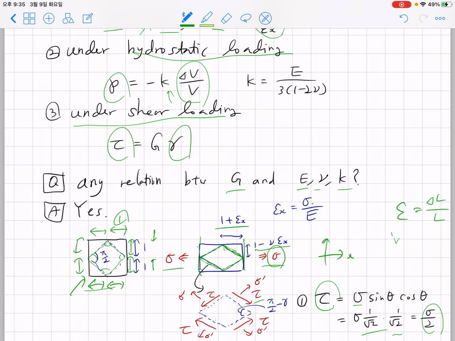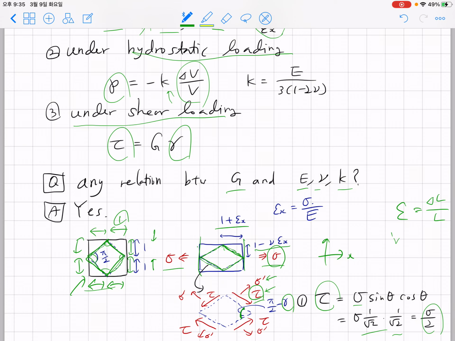Okay, so when you imagine this imaginary sphere inside the big sphere, this imaginary sphere is under combined loading, normal stress and shear stress, and only shear stress changes the angle here. This is shear stress and this is shear strain, and they must be connected.